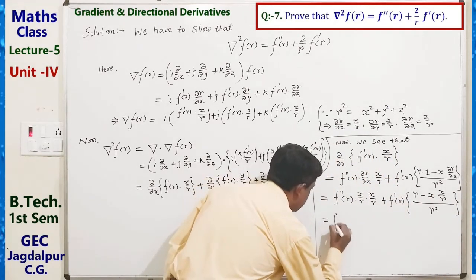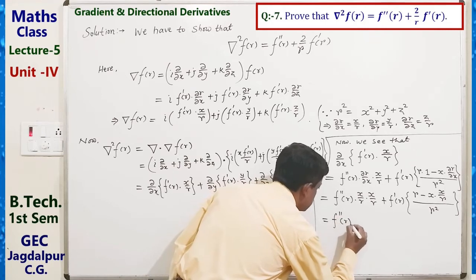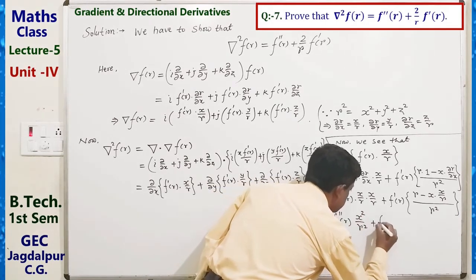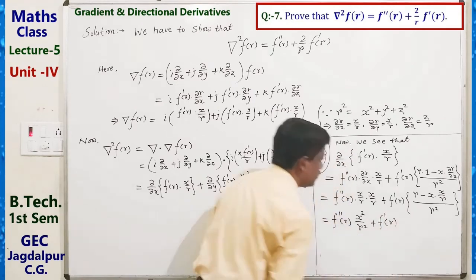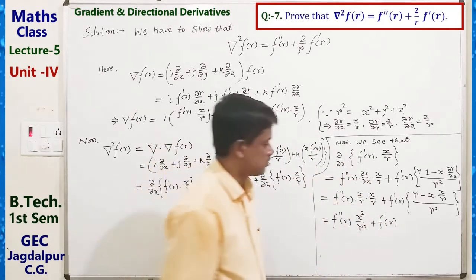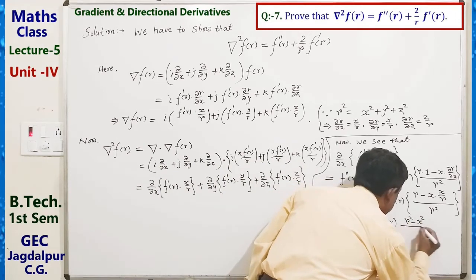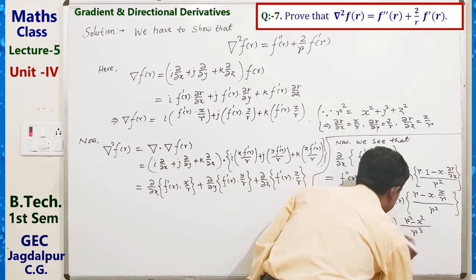Now it can be solved like this: f double dash r x square by r square plus f dash r (r square minus x square) upon r cube.